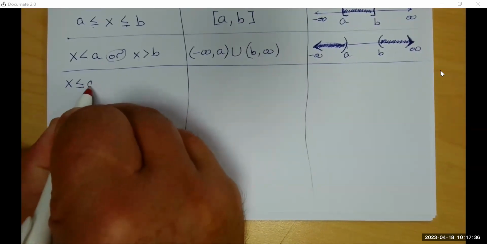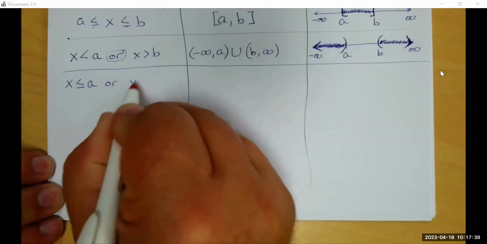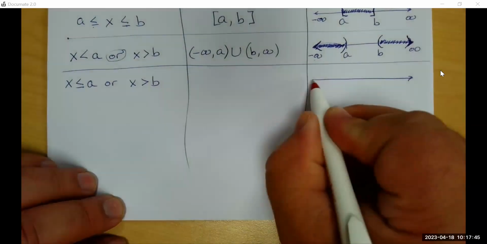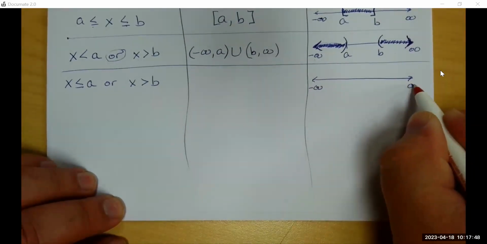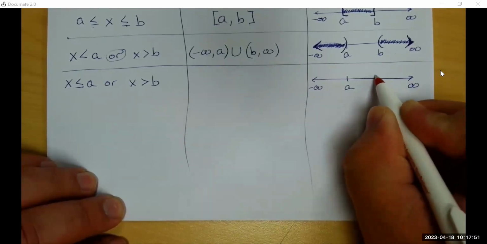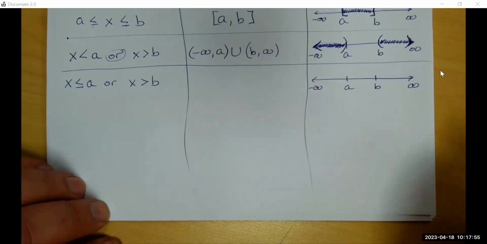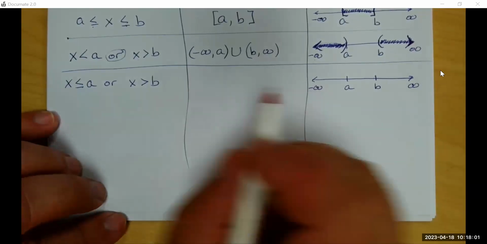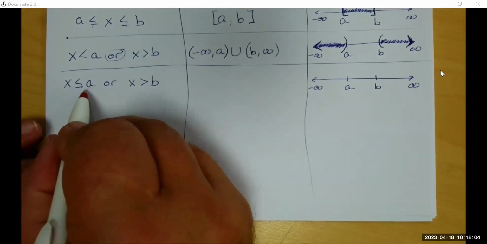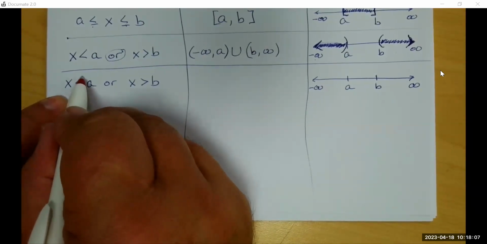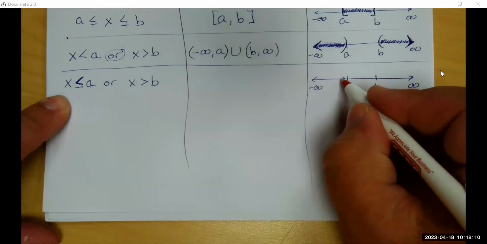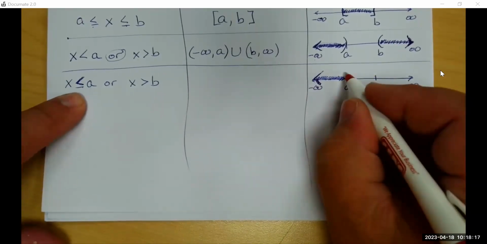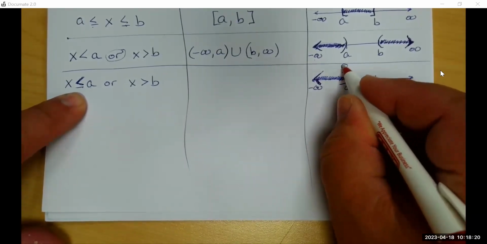X is less than or equal to A, or X is greater than B. So this first one, from A, the line is going to the left from A. And A is included, so it's a bracket or a solid dot.